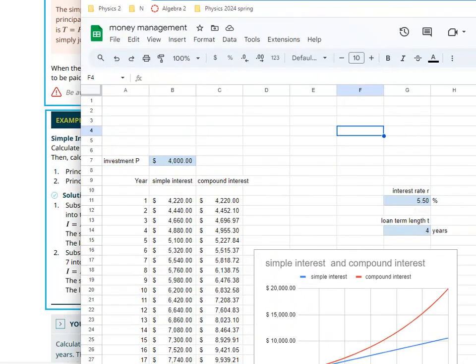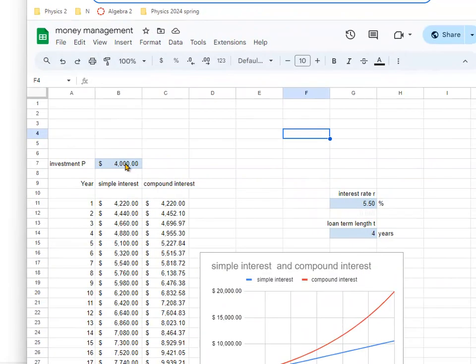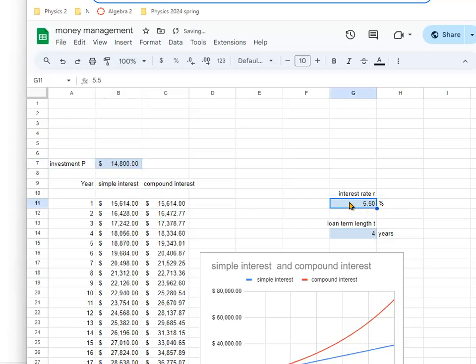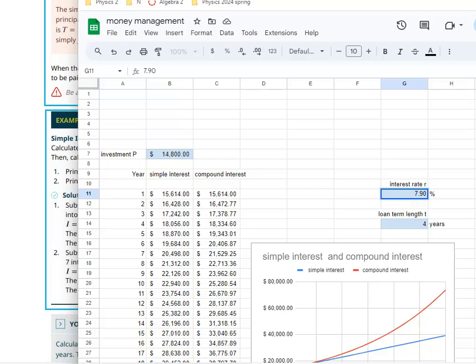And again, on my Google sheet here, let's see, I have to figure out 14,800. I might have told you before that I have a very bad short-term memory, so 7.90 here, and that was at 7 years. I think so.